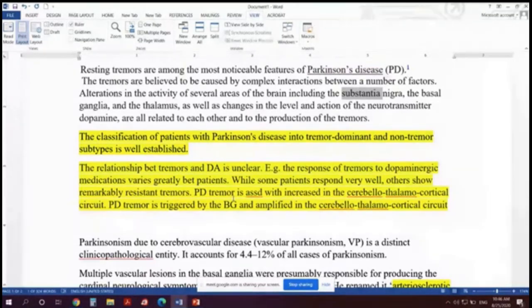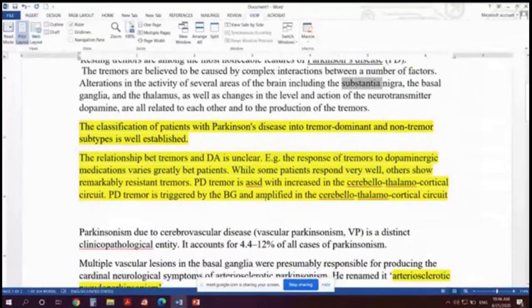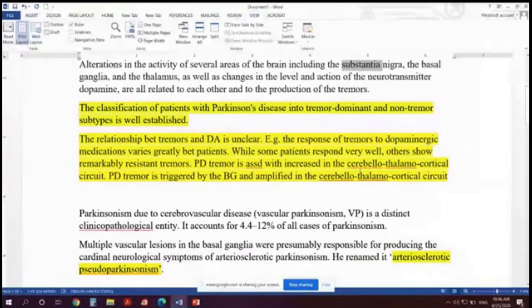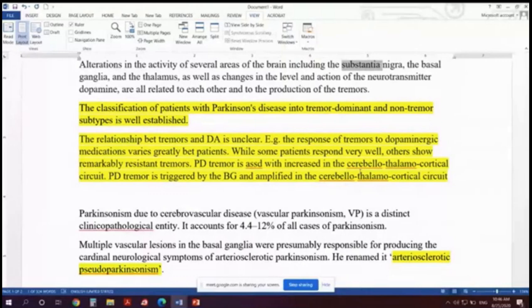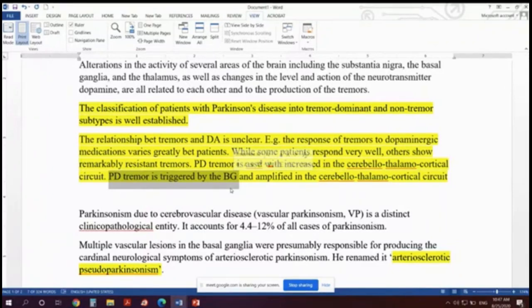We don't know exactly the reason, but they usually are associated with an increase in the cerebellothalamic or thalamocortical circuit. This is a very important point: the tremor is triggered by the basal ganglia. Yesterday, when I posted the video, I said dopamine triggers or initiates the movement.